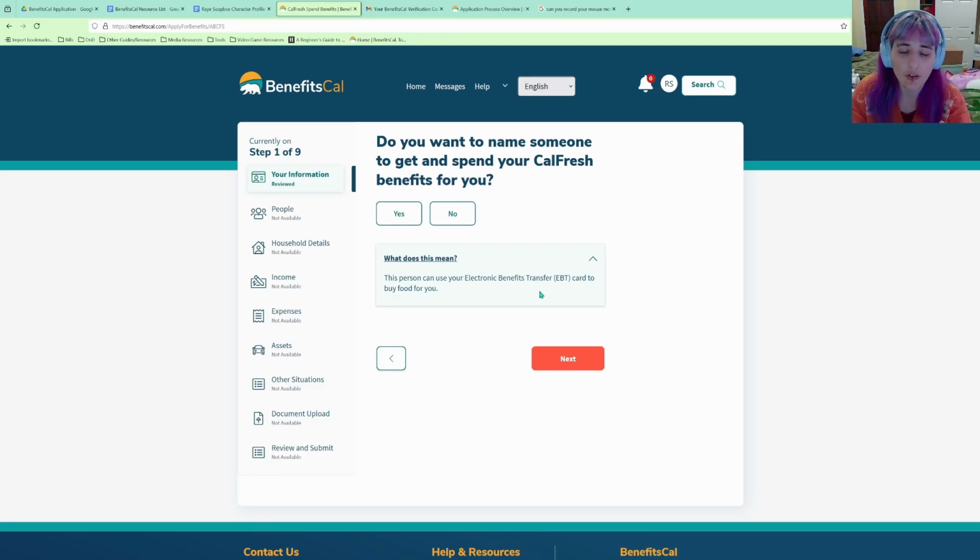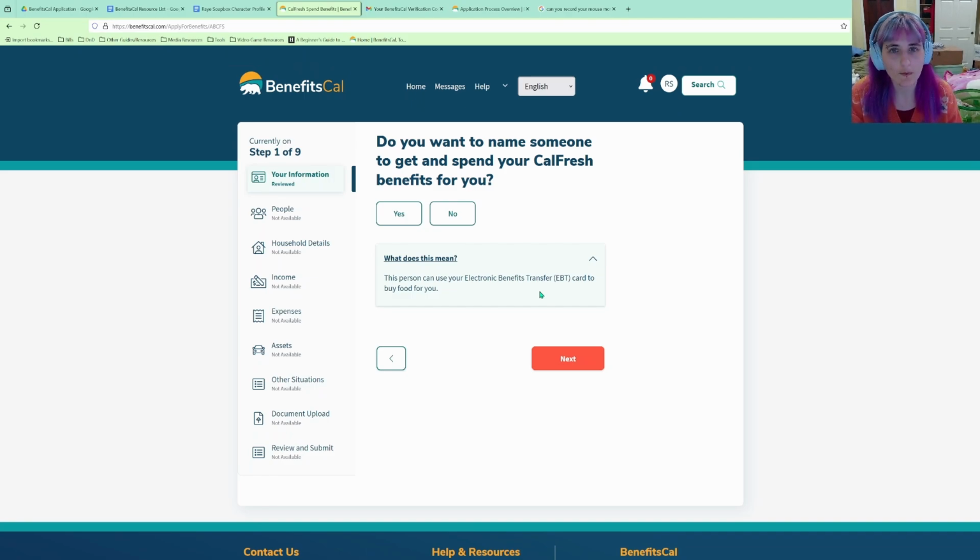So technically, and in actuality as well, when you get CalFresh or cash aid on your EBT card, you're supposed to be the only one who has access to that card and is spending money from that card, unless you authorize someone else who is allowed to do that for you, such as a worker, or a home health person, like through IHSS, In-Home Supportive Services, which is when you can get someone paid by Medi-Cal who comes to help you out with your daily living needs.